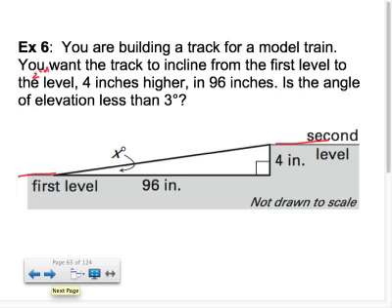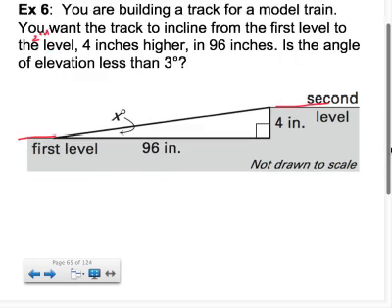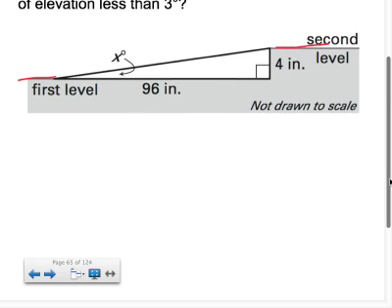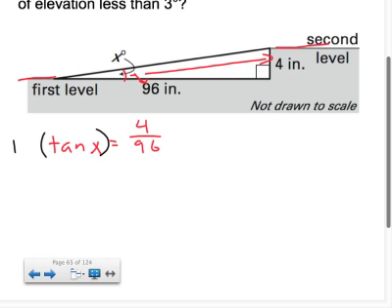So here's your diagram. Really, all you needed, you didn't even need to read the problem. All you have to do is look at this, and the question is, is X less than 3? So let's find what X is. We're working with this angle. I know the opposite and I know the adjacent. Opposite and adjacent tells you to use tangent. Tangent of X equals 4 over 96. Again, I've got to get rid of the tan, so I do the inverse tangent of both sides.